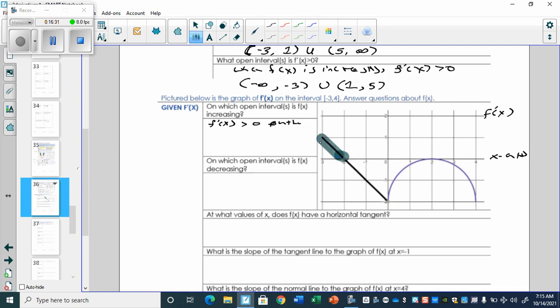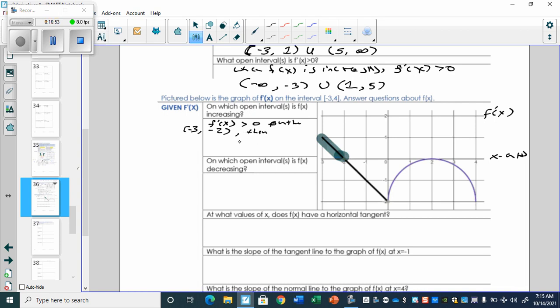Since f prime of x is greater than 0, all the y values are greater than 0 right here only, from looks like -3 to -2. It could be infinity, but I doubt that because it's a piecewise function. So we'll just say -3 to -2.